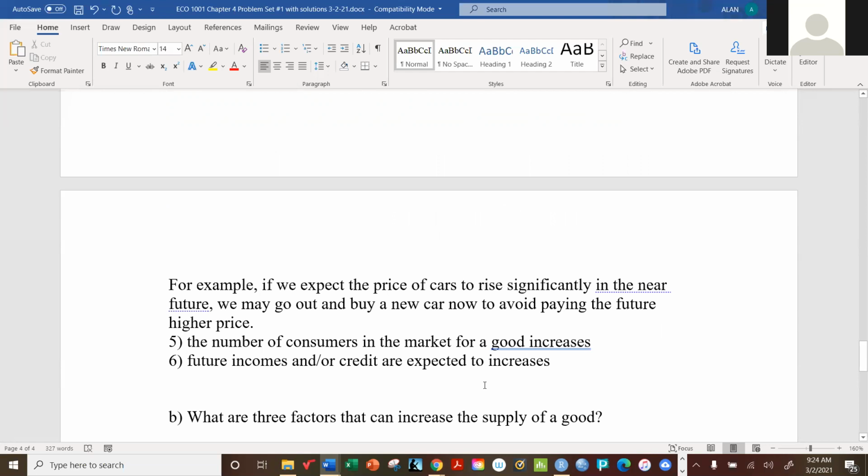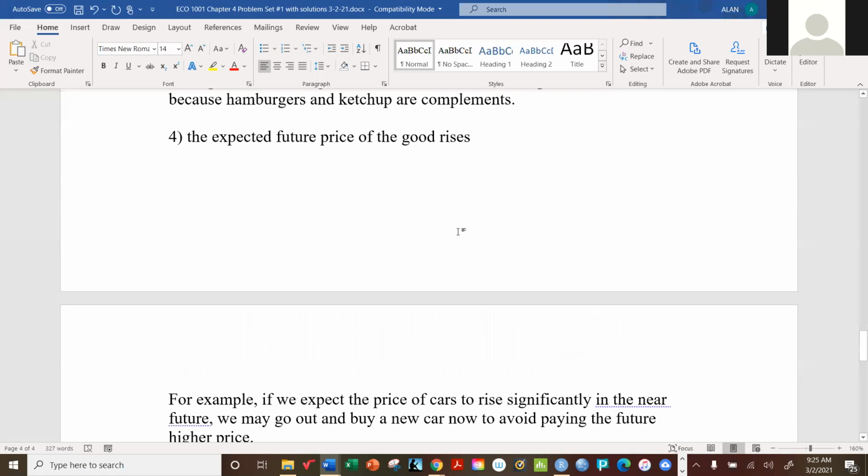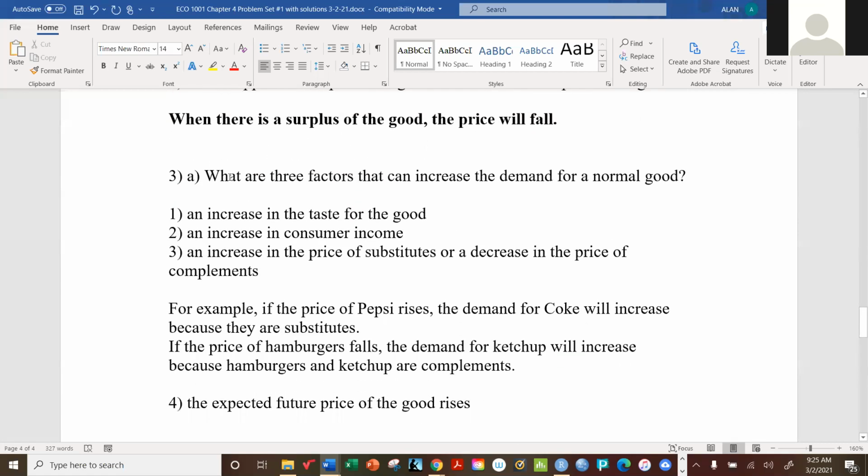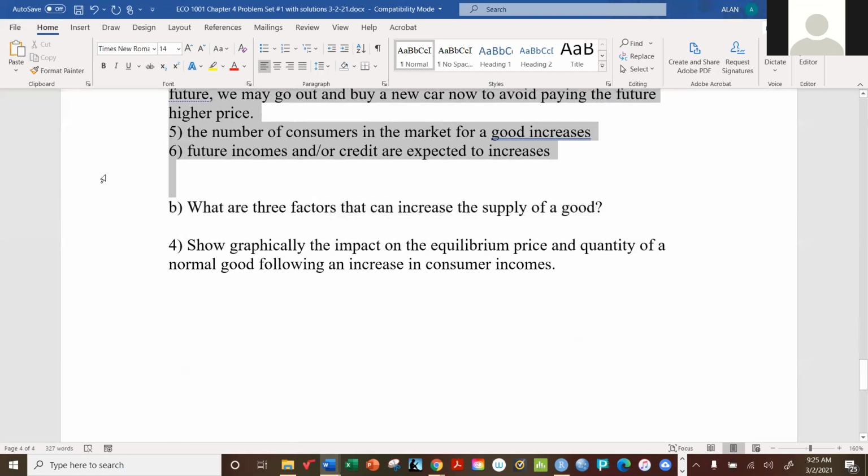Especially, that's a common thing for people who have just started a new job. Yeah, I mean, especially in the early days when you just got started, you're still not making a ton of money, but you have to now go out and get an apartment and clothes and this and that. And so these are the factors that typically cause the demand for a normal good to increase.